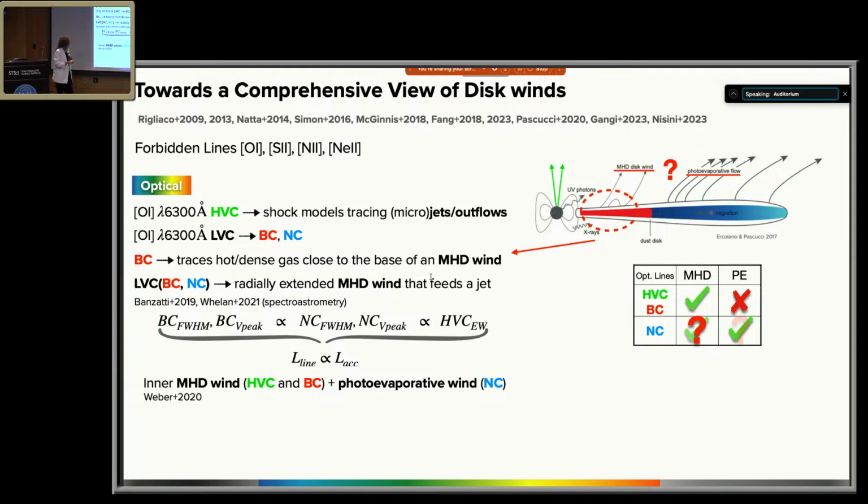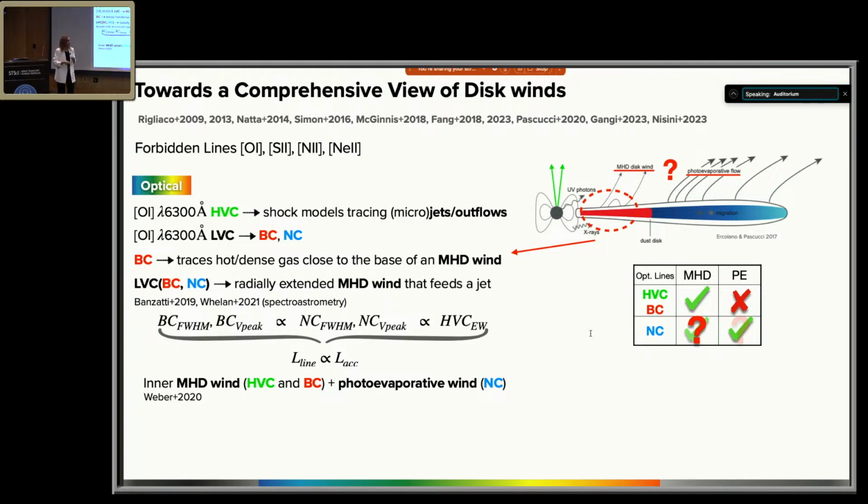However, Weber, in a more recent work, explains these correlations by simply saying that the line luminosity always correlates with the accretion luminosity. And actually, these optical forbidden lines are best reproduced by a combination of a magnetohydrodynamical wind, which produces the high velocity and the broad component, plus a photoevaporating wind, which is related to the narrow component.